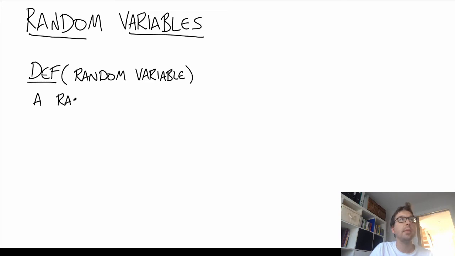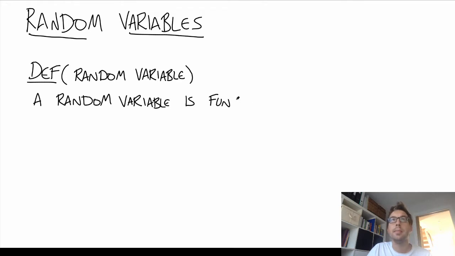So a random variable is a function such as capital X that goes from our sample space over to a set of numbers, to the real numbers. Okay. Now, we don't have to have the real numbers here. It could be another set, but for now, let's just stick with the real numbers.